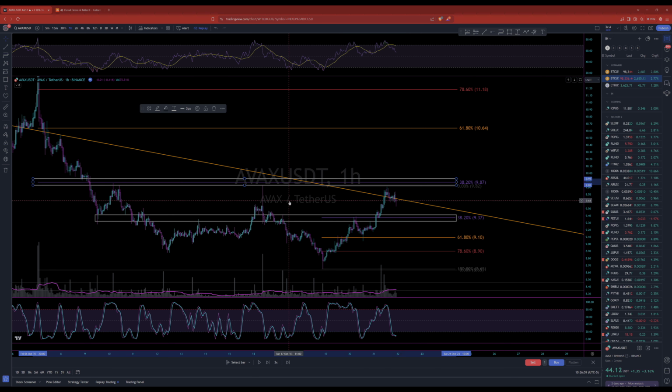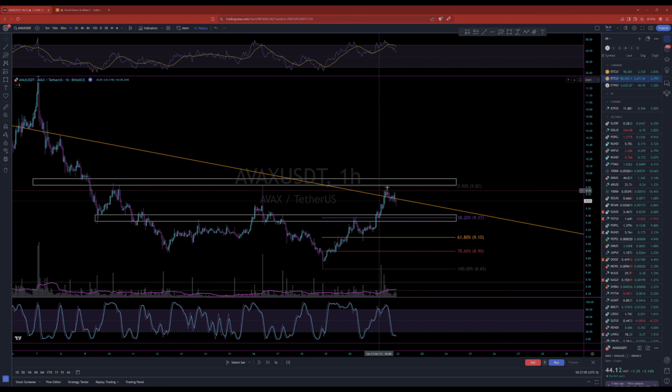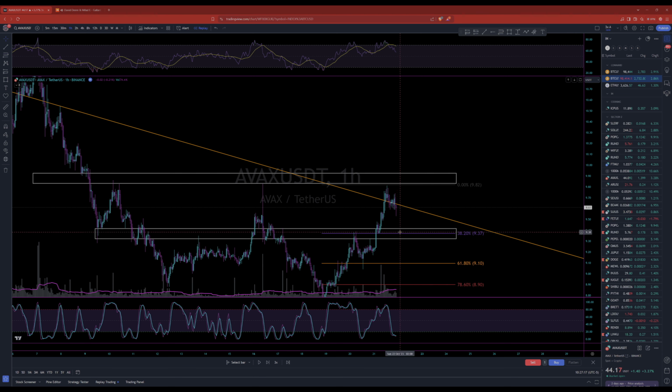This already looks crazy to me. I end up deleting a lot of these after until we get there. So I'm going to delete this, but know that this was an area of significance because we had a 382 lined up there. All right, so now it's a little cleaner. We're paying attention to this area and this area.